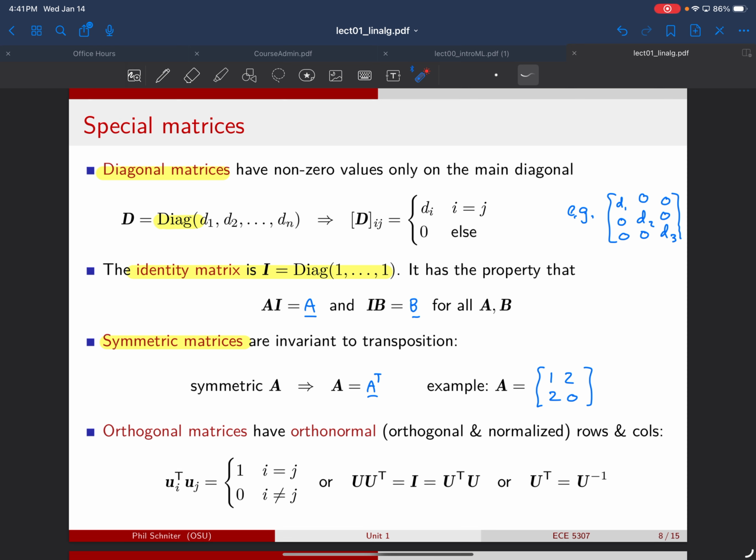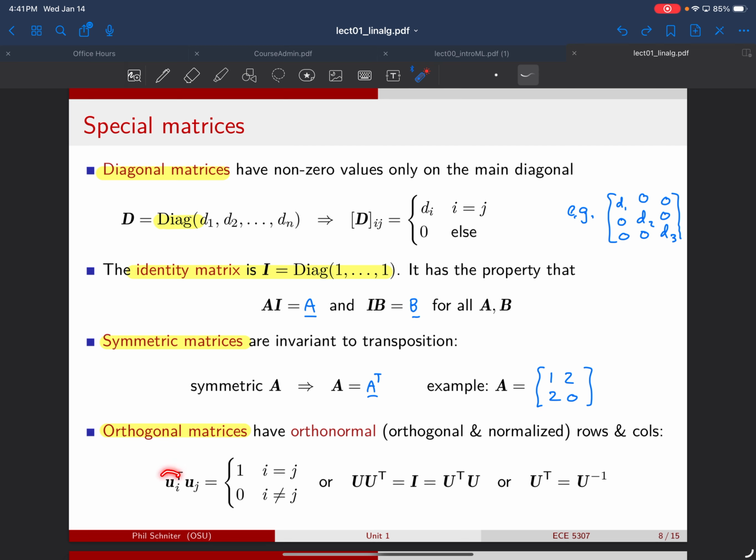And finally, another special class of matrices that we'll encounter a lot are called orthogonal matrices. These ones have orthonormal rows and columns. Orthonormal is a combination of orthogonal and normalized. So it goes like this.